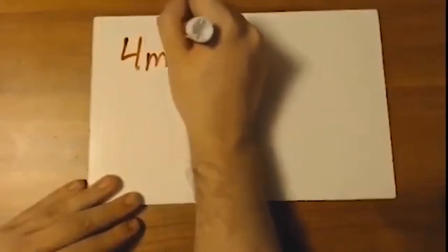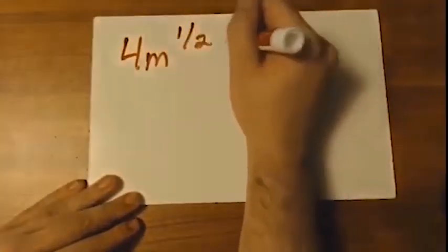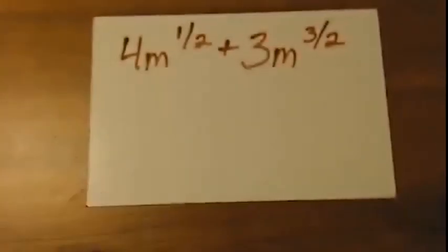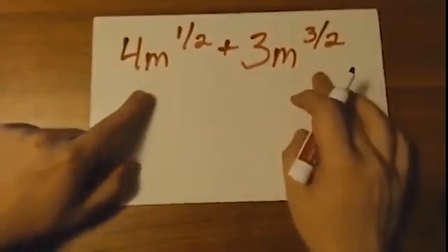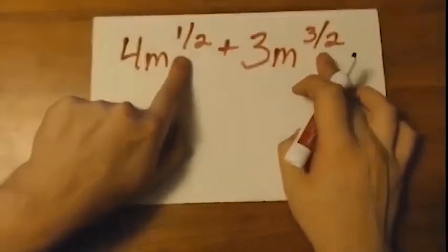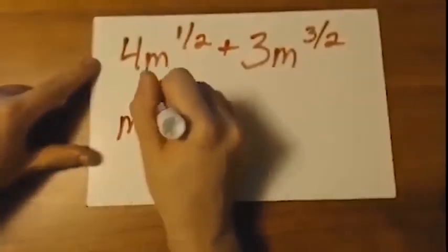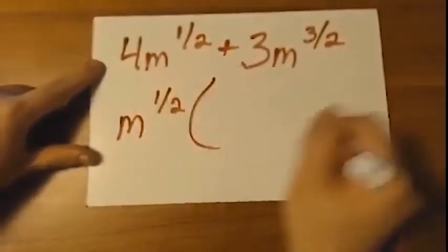For m to the 1/2 plus 3m to the 3/2, the lowest power is 1/2. We can factor out m to the 1/2.